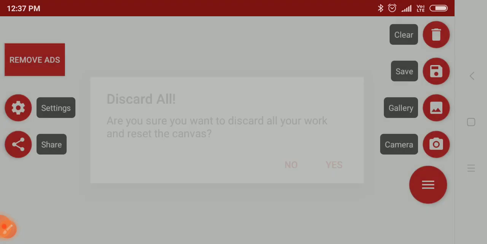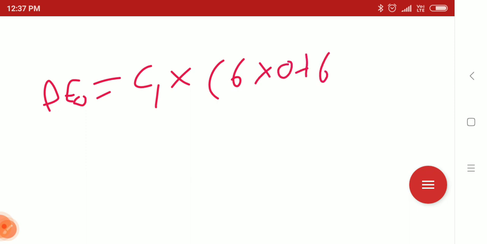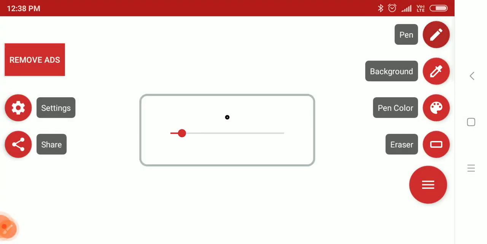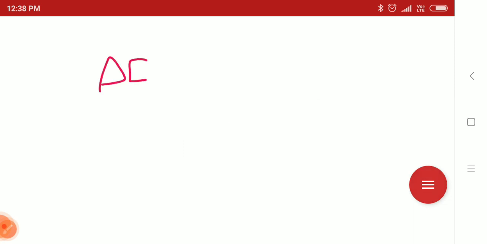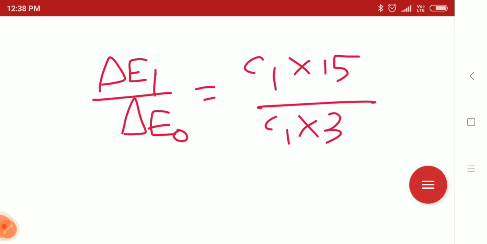With the constant denoted C1, delta E0 is 3 C1. So the ratio delta E1 by delta E0 is C1 into 15 divided by C1 into 3. So the answer will be 5.